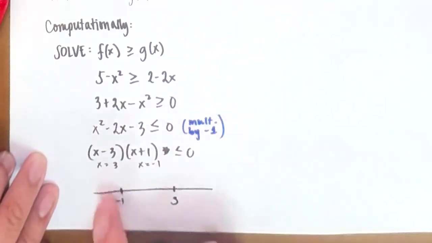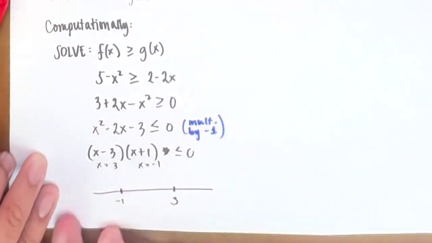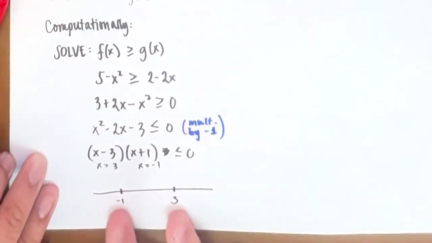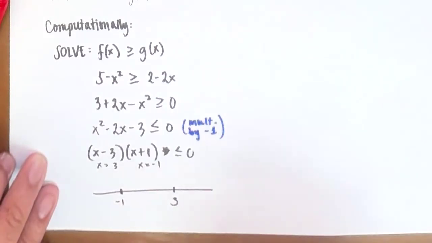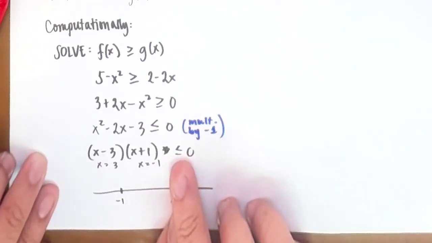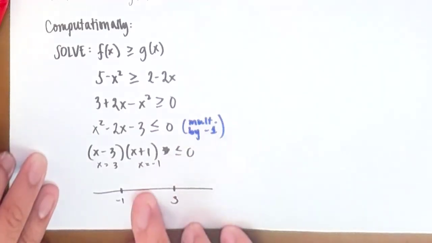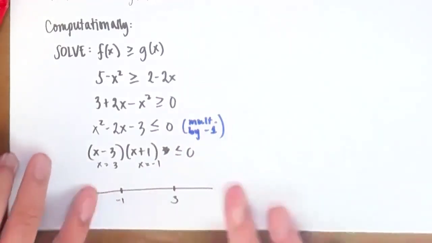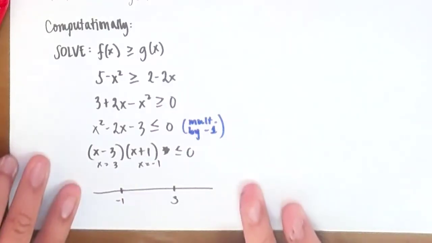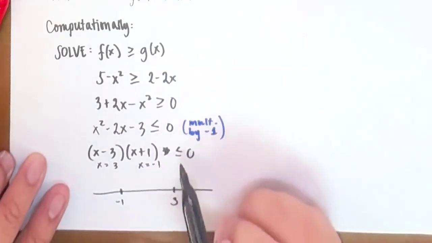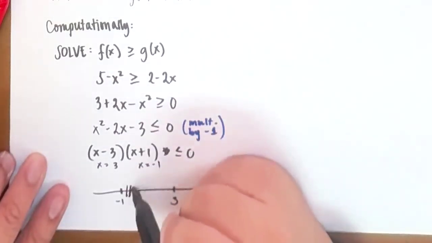That means you have three intervals: everything less than -1, everything greater than 3, and everything in between -1 and 3. What do we want? If it's less than or equal to, it's in between. If it's greater than or equal to, it's everything to the side. So since this is less than or equal to, this is the integral that we want.